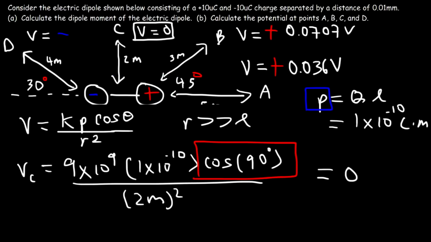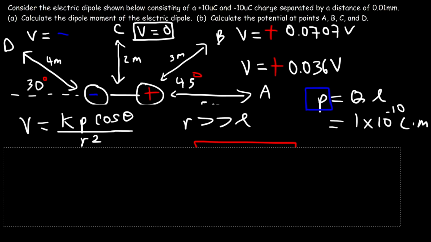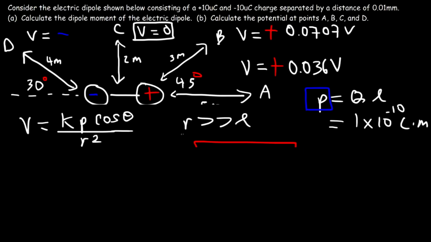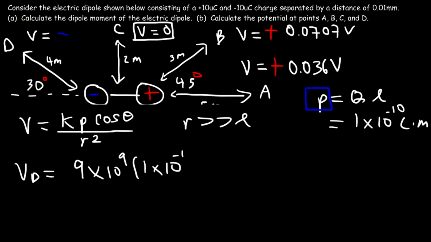Now let's focus on the last part. So let's calculate the electric potential at point D. So it's going to be K times the dipole moment, which is 1 times 10 to the negative 10. Now, the angle relative to the negative x-axis is 30, but this angle is relative to the positive x-axis, or relative to the positive charge.